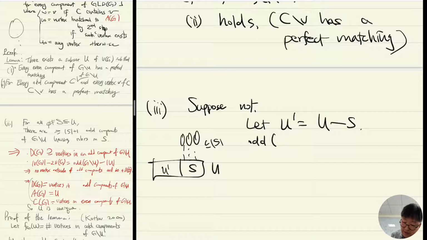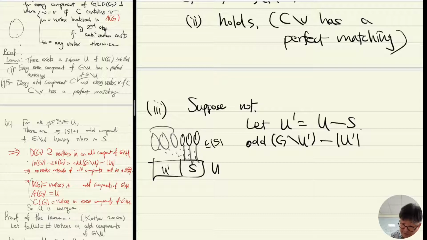What is the number of odd components in G delete U prime minus U prime? Well, those odd components that have no neighbors in S stay as odd components, right?